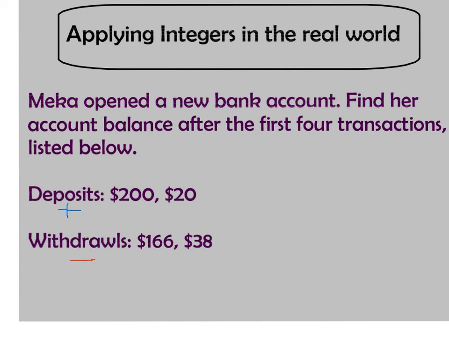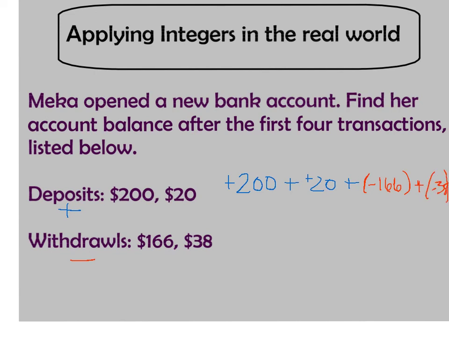So we're going to list the numbers here, and I'm going to add little plus signs to our positive ones that we're adding together, and I'll make a little plus sign for the 20. And then we are going to add together the numbers that we're withdrawing. So that is a -166, and also adding together then a -38.